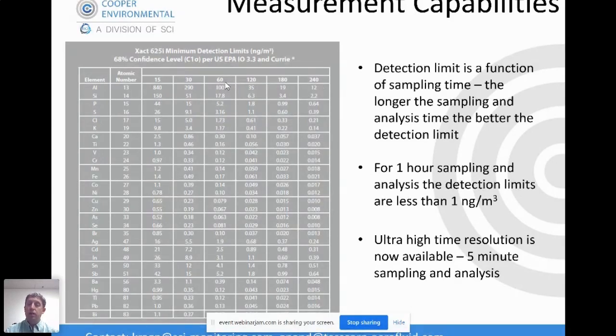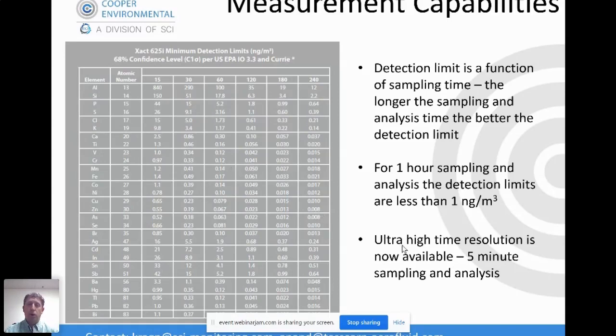Most of our users in the ambient environment are using 60-minute sampling and analysis time periods. That generally matches fairly well with the type of measurements they're taking for total PM mass. And at this sampling time interval, what you'll notice down here is that most of your elements have detection limits under a nanogram per cubic meter, so plenty adequate to do source apportionment work.